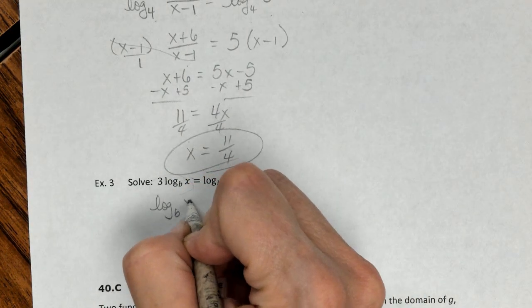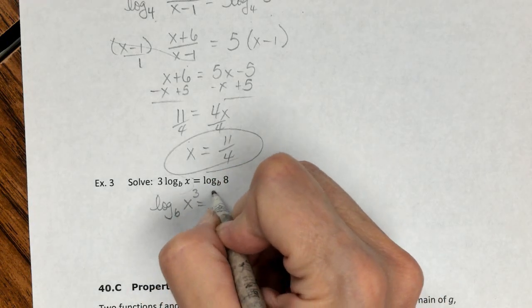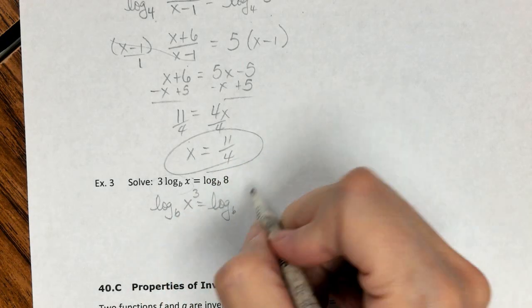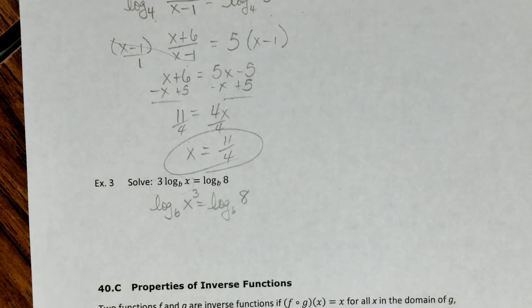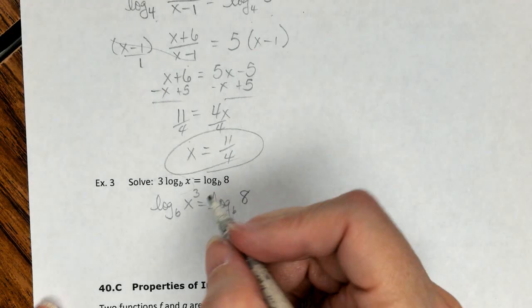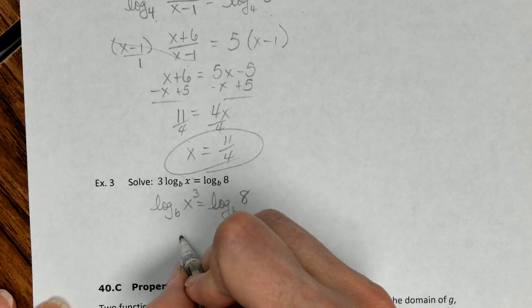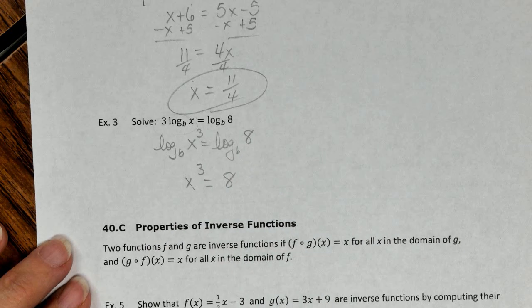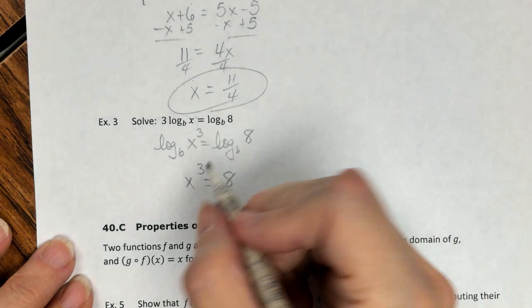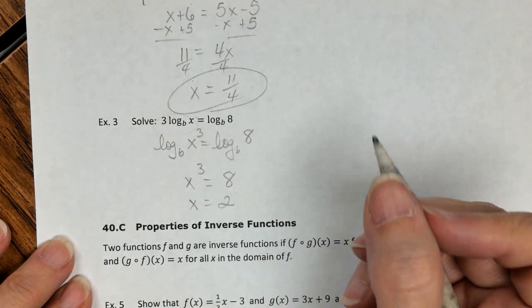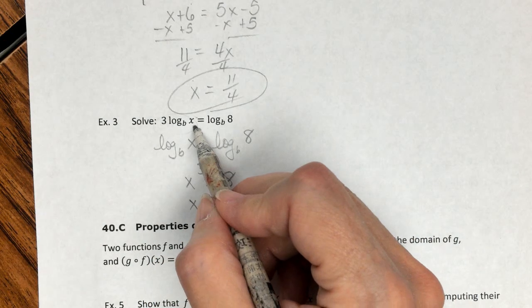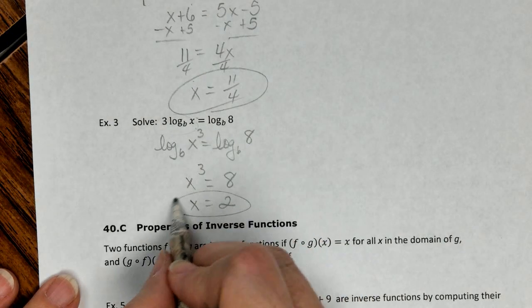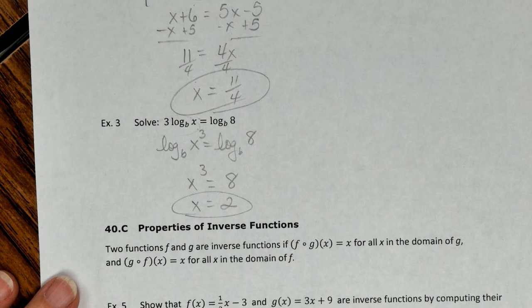Log base b of x to the third equals log base b of 8. Log equals log, they're the same base. The arguments have to be equal. So x to the third power equals 8. That means x has to be 2. And x is the argument. 2 is positive. We know that's fine.